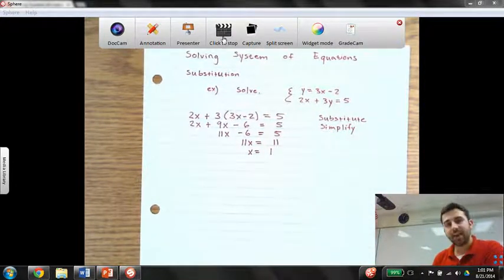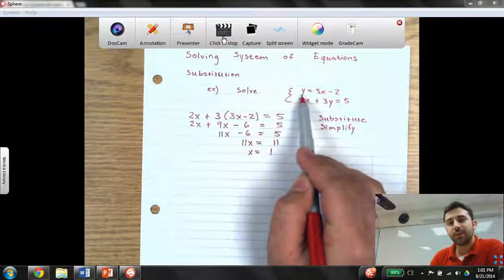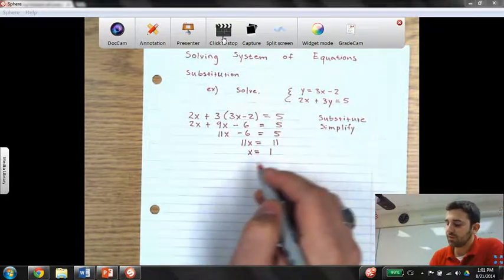Now that I have my x, I have to substitute the value of x into a different equation so that I can solve for y. Since my first equation is already set in terms of y, I'm going to substitute this value into my first equation.